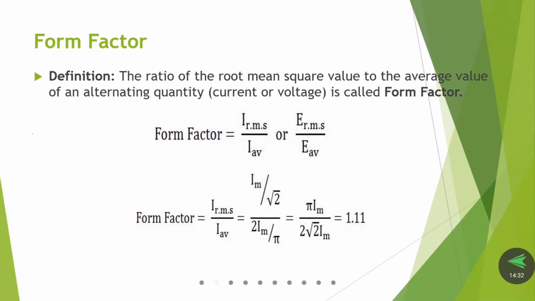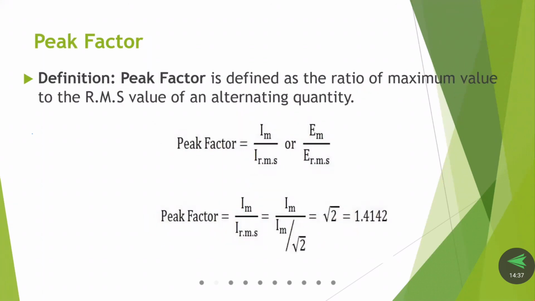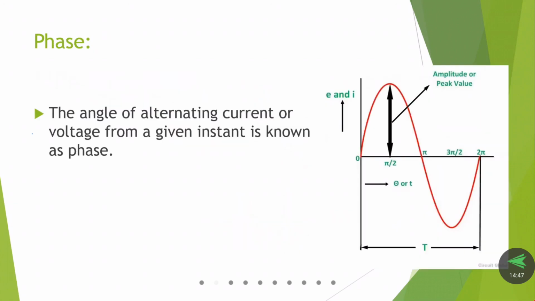The value of form factor is 1.11. Next, peak factor is the ratio of maximum value to RMS value. The value of peak factor is 1.4142. Next, phase is the angle turned by an alternating quantity or voltage.